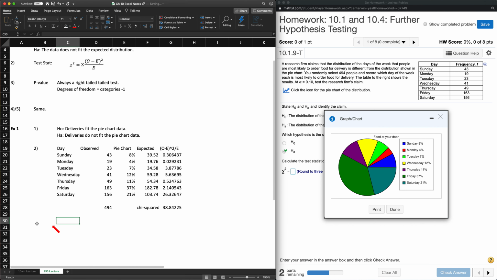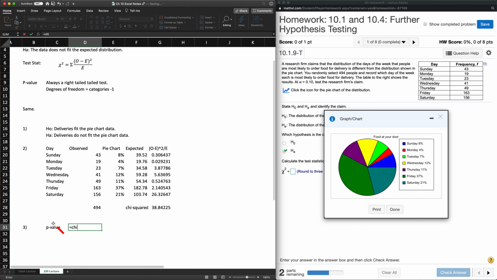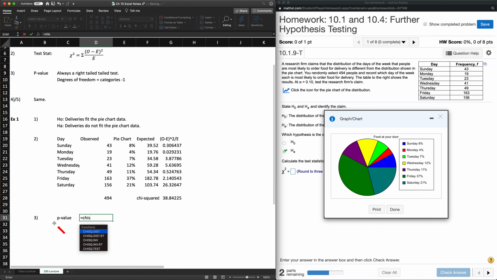Okay, so now we are ready to find our p-value. So this is always a right tail test, so we can use the little bit of a shortcut, chi-sq.dist.rt, RT for right tail.